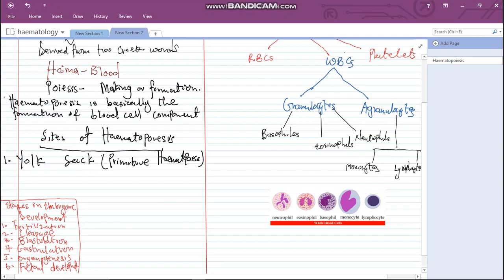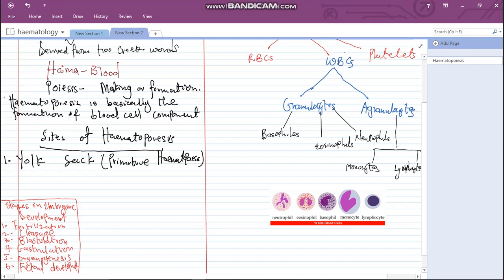And then we have the monocytes. The monocytes also have a nucleus, and the nucleus is in the form of a kidney shape. Then we have the lymphocytes. With lymphocytes, you could see the nucleus covers a large proportion of the cytoplasm.